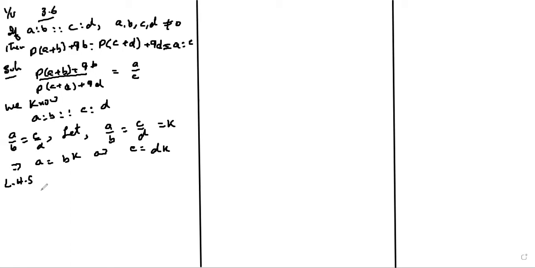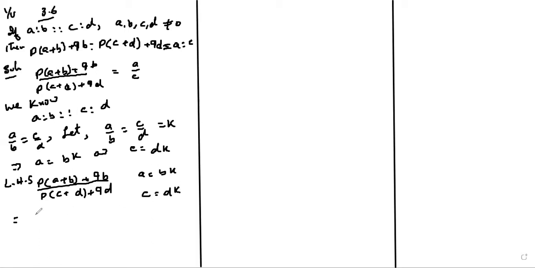Just taking the left hand side, we have P times (A plus B) plus QB divided by P times (C plus D) plus QD. Just putting the values, A is equal to BK and C is equal to DK.